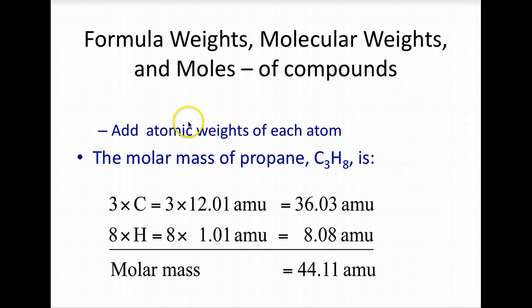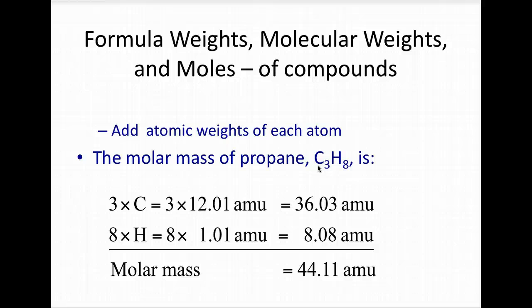So, let's see. If I have propane, whose formula is C3H8, we know that I have 3 carbon atoms and 8 hydrogen atoms from our previous slides.